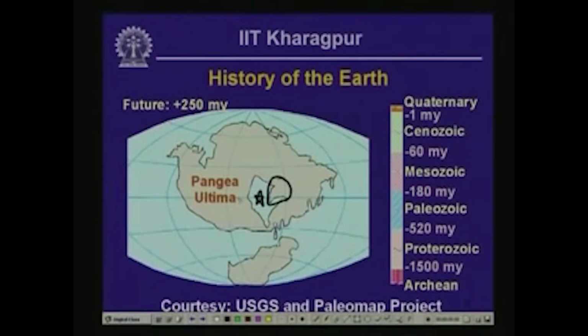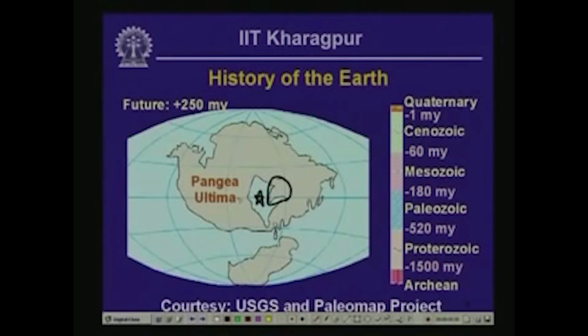What you have here is a complete convergence of Africa, Eurasia, India, North and South America. All these landmasses as they exist today are going to converge and form a supercontinent called Pangaea Ultima.